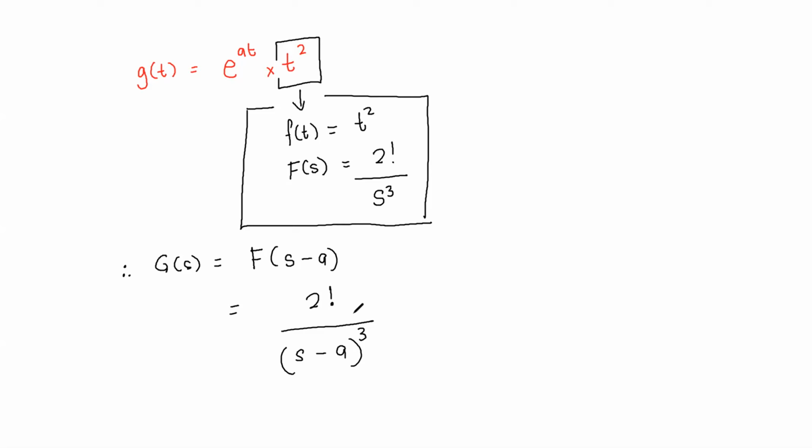If you're wondering how I derive this, if this is s cubed in the F(s) domain, then in the shifted F(s minus a) domain you will get (s minus a) cubed. It's as simple as that. So now I have given you two examples on how you do the first shifting theory in Laplace transform.